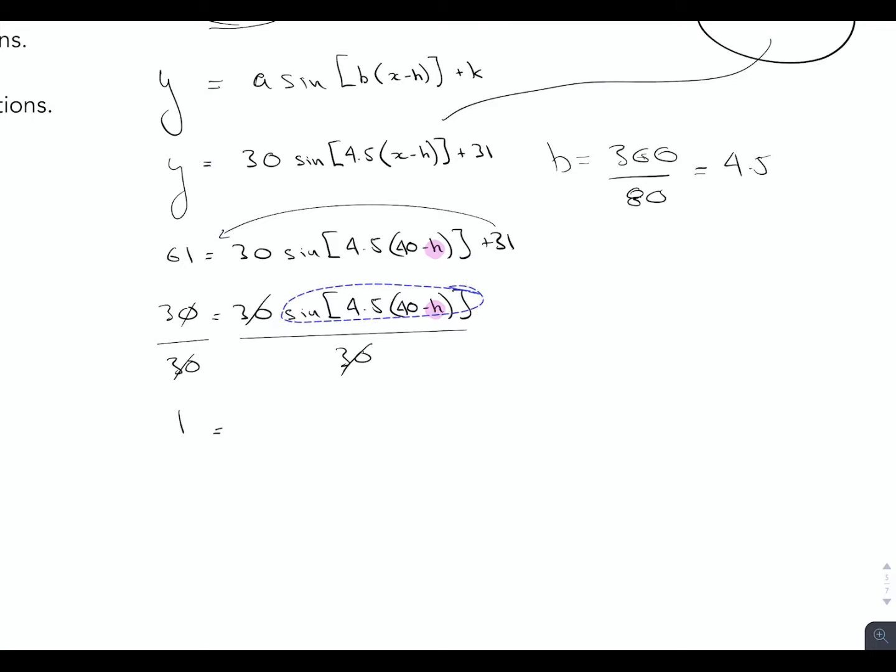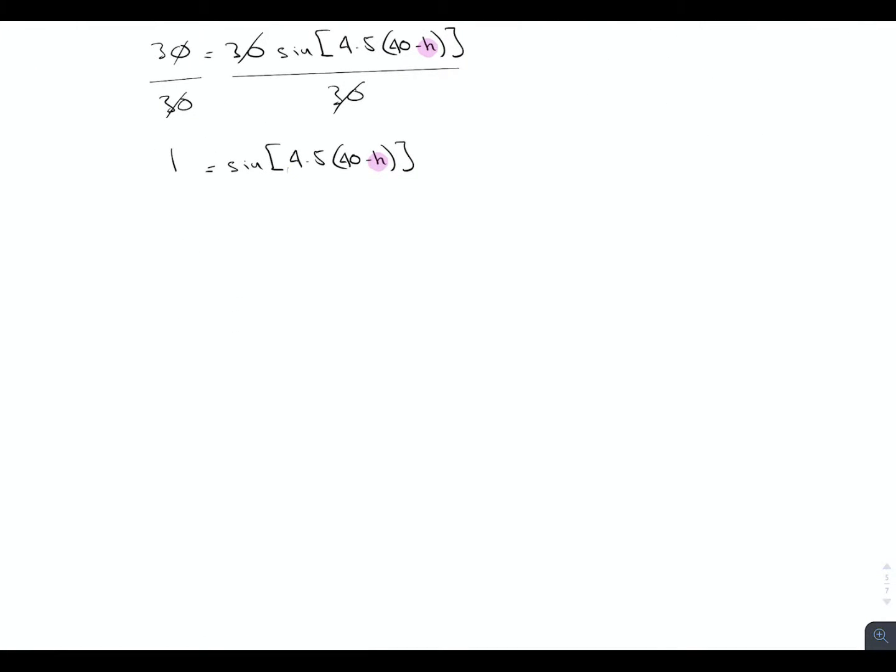And I still have this part here now, which, in order to extract what's in here, I have to take the sine inverse of the other side. So I'm left with 4.5 times (40 minus h). Sine inverse of 1 is 90 degrees. 90 divided by 4.5 is going to give me 20.